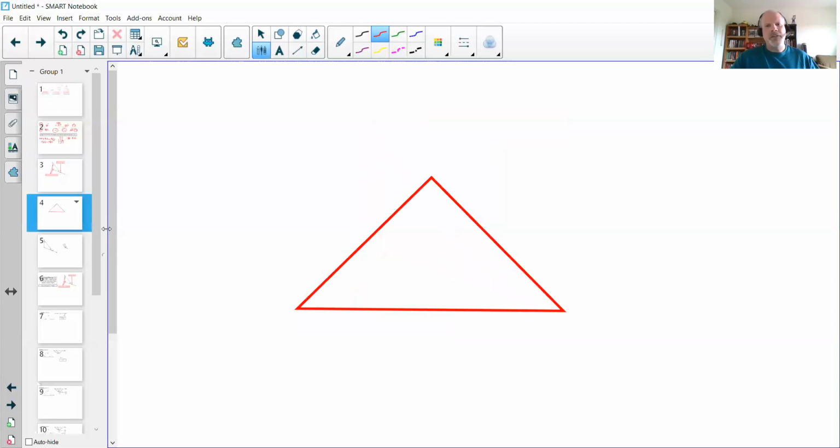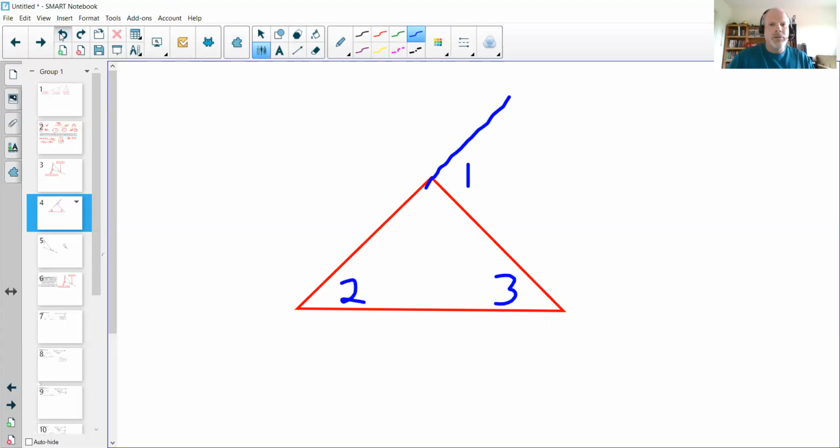So to give another example, if I have this triangle here and I extend this side of the triangle, then I can call angle 1 an exterior angle. The two remote interior angles would be the two angles that are not adjacent to angle 1, which would be this angle and this angle.